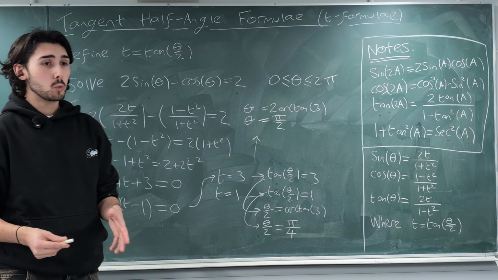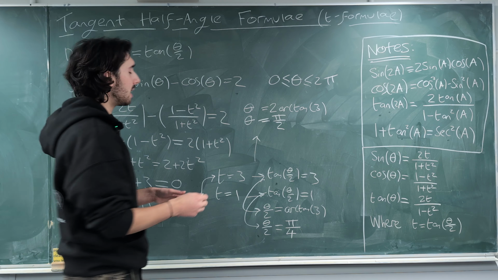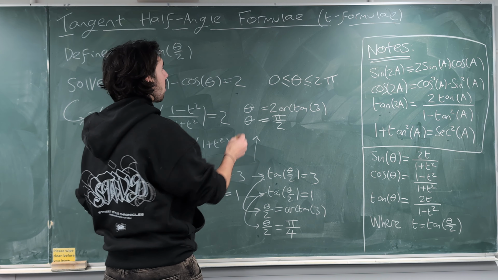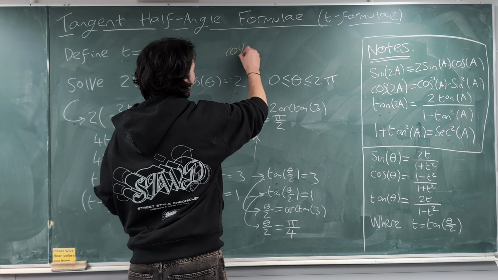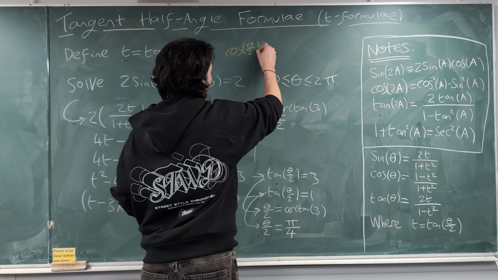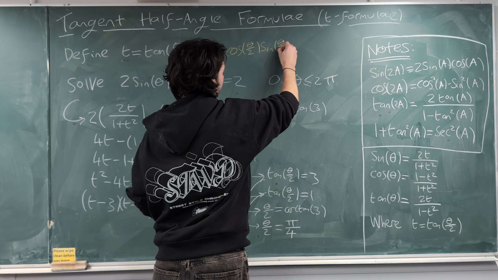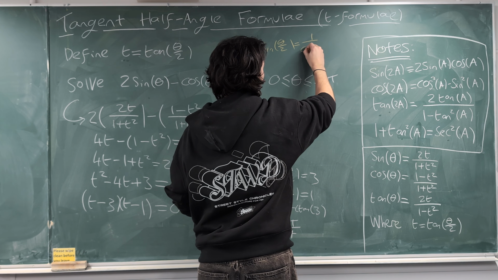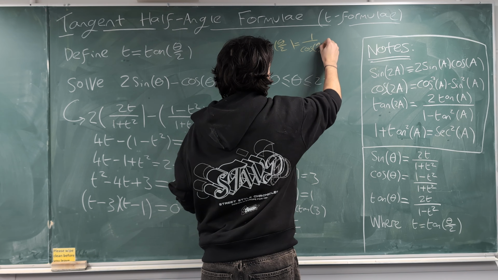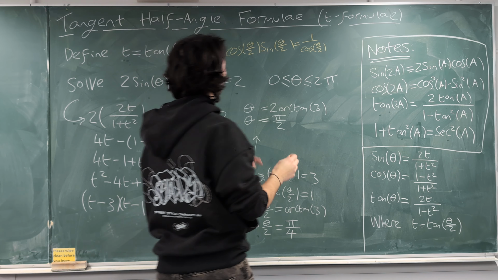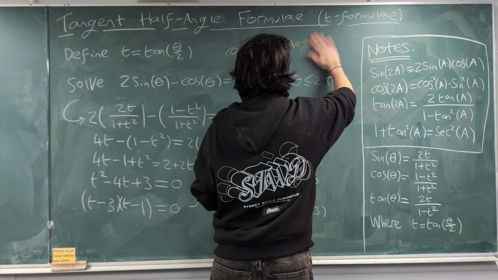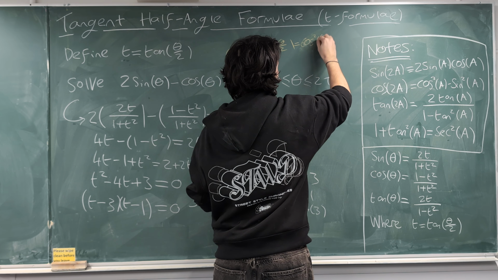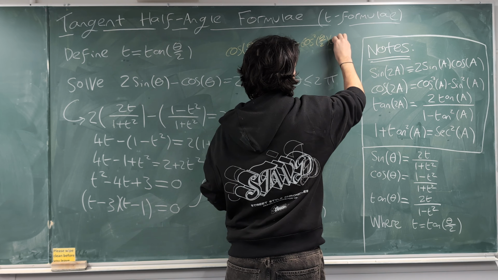If you remember, there was a step where we wrote cos theta times sine theta over 2, and we wrote this as cos squared theta over 2 times tan.